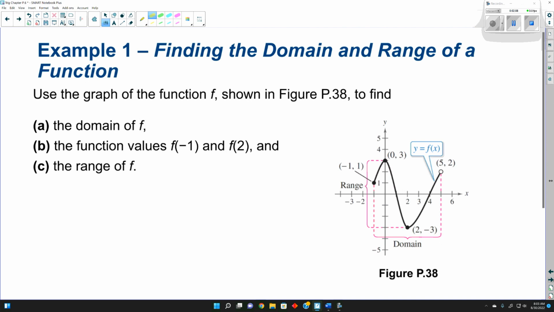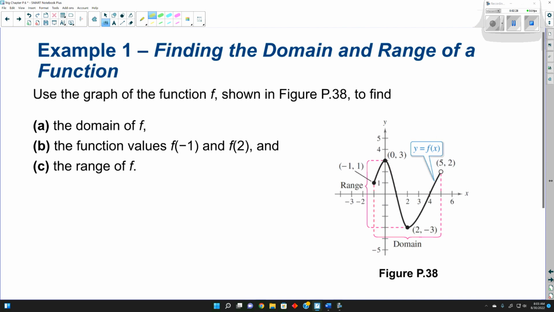When we talk about the domain, we're talking about the x values. So when we look at this function here, the domain is all the x values from -1 to 5. We would include -1, but we wouldn't include 5 because of the open circle. It's a hole.